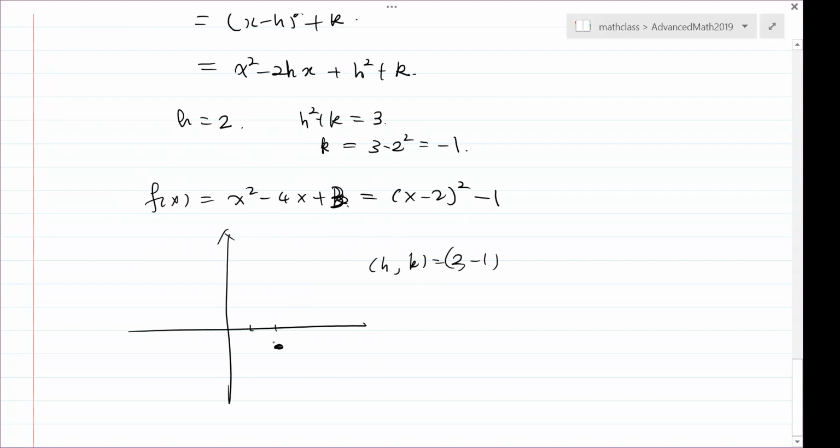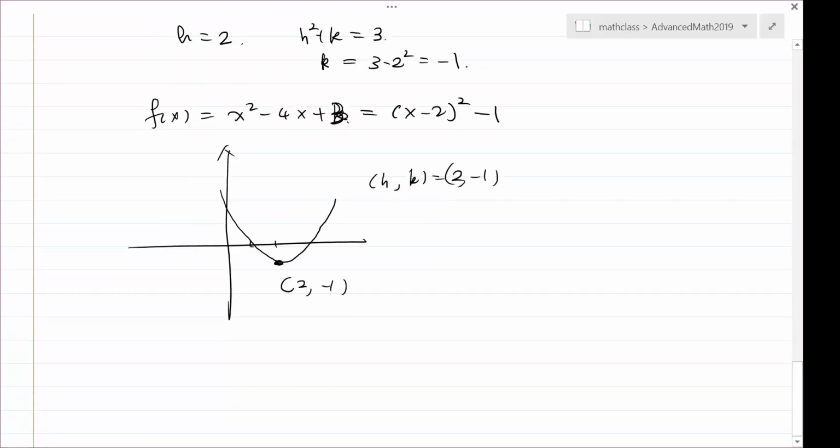The parabola opens upward. So you get a graph, and you get the standard form.